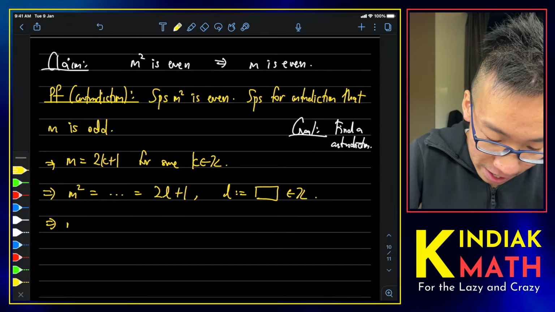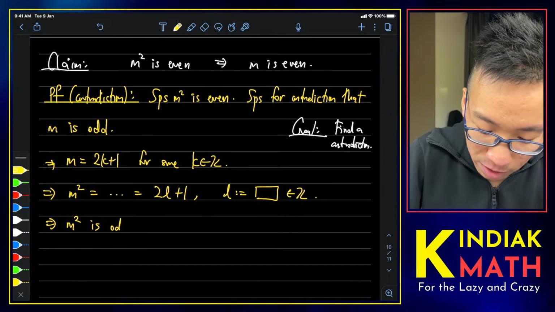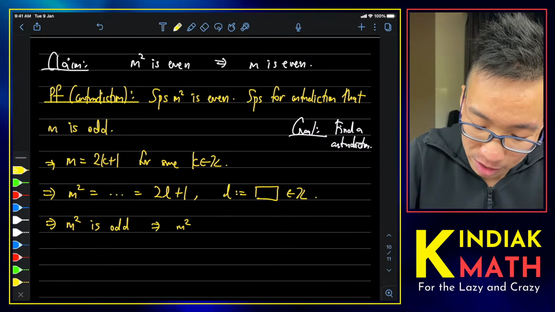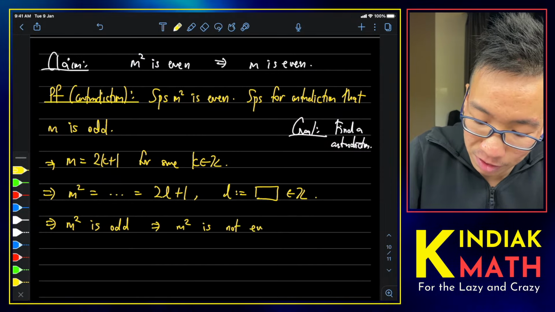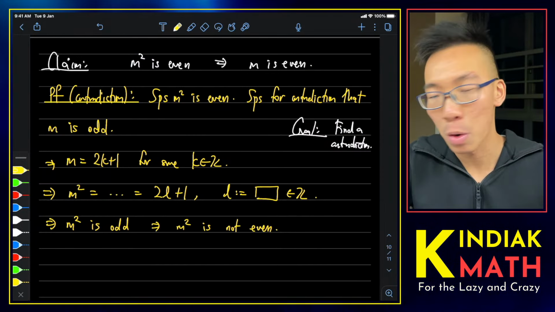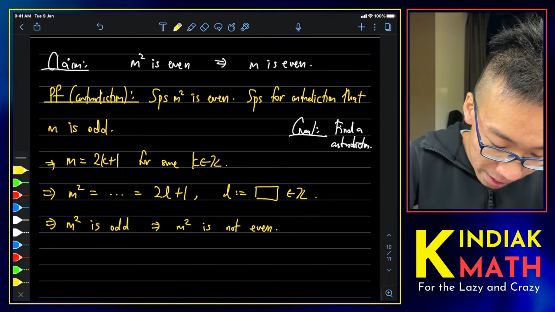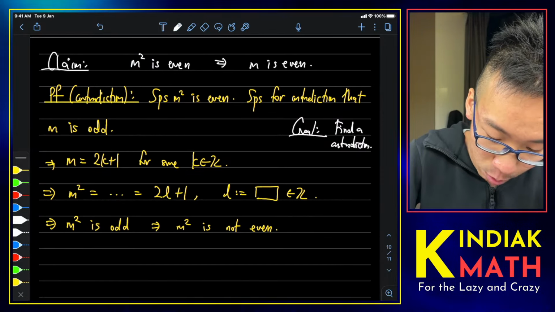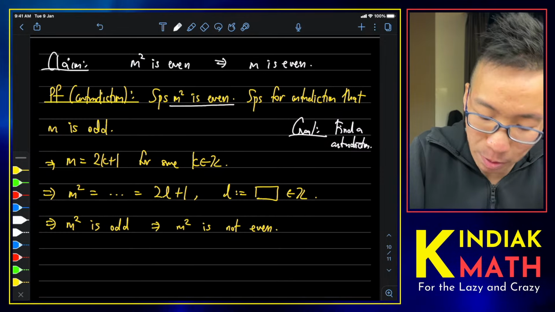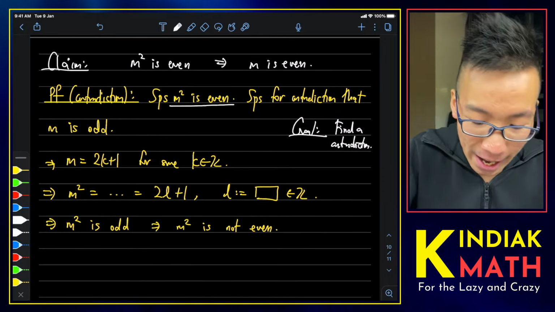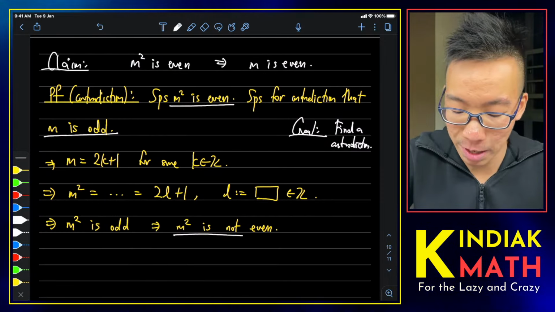This tells us that m squared is odd, which means that m squared is not even. Now, what does that mean? It means that we have a situation where if we suppose that m squared is even and m is odd, we obtain that m squared is not even.